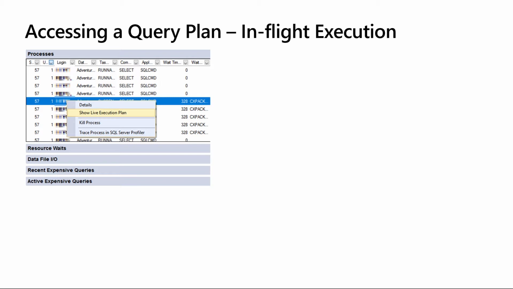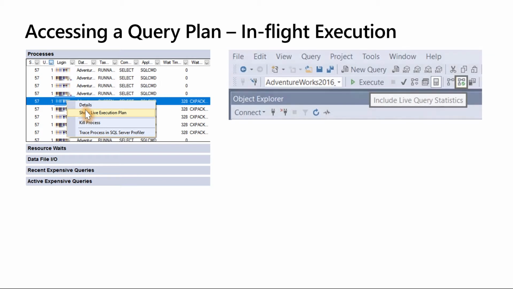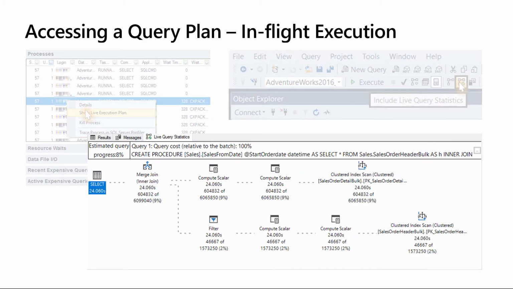Another option is I have a query that I'm about to execute, and I want to see the live execution plan as it is executing. So I can do that by using the option in SSMS, include live query statistics. And when I use one of these two options, this is what I get.